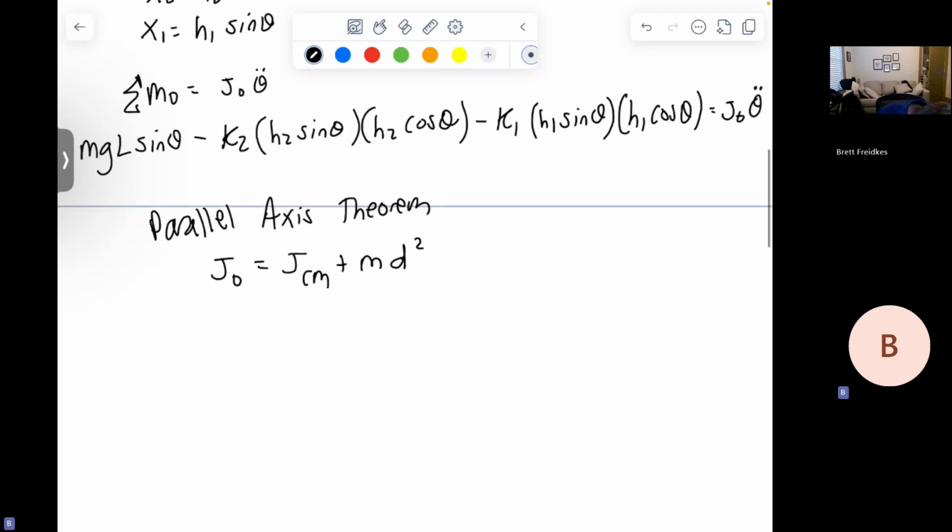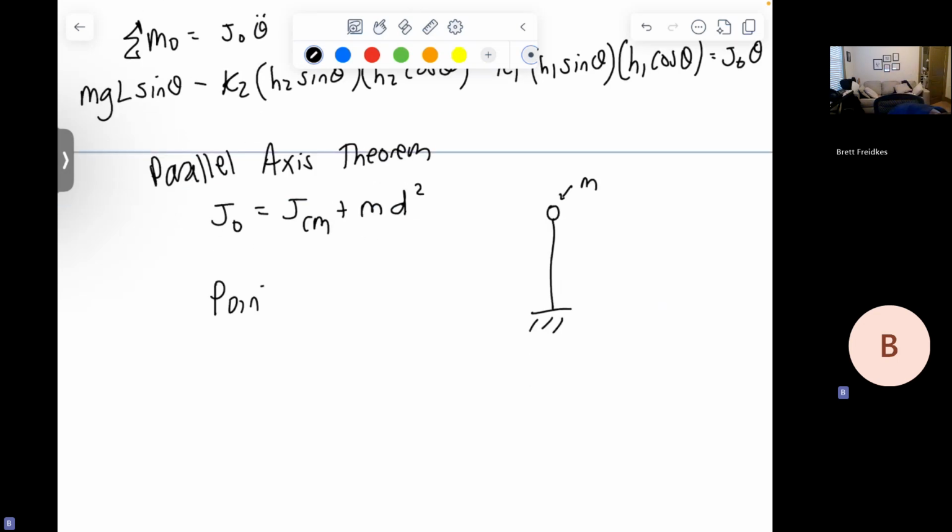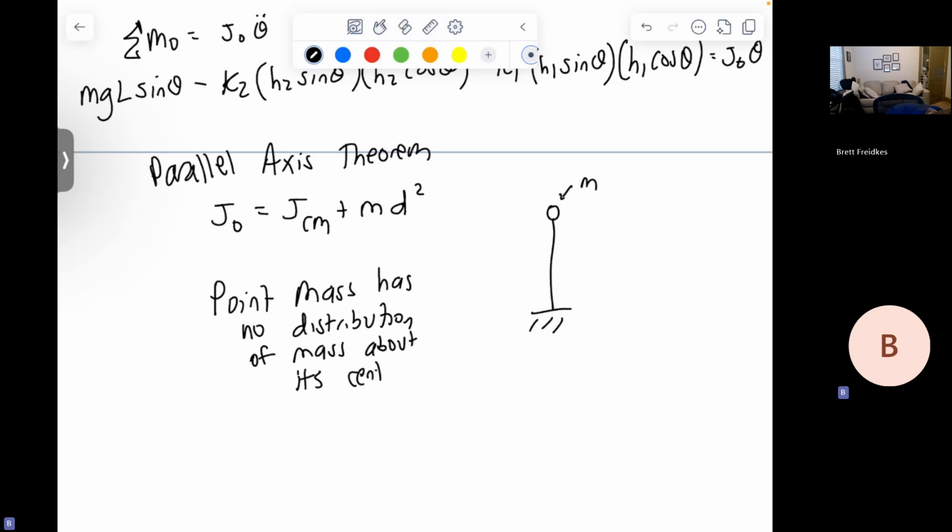So again, in this problem, we have this pendulum where this is the only mass in the system. And I told you that it is a point mass. A point mass has no distribution of mass about its center. It's basically just a dot. You can see the little dots I'm drawing.